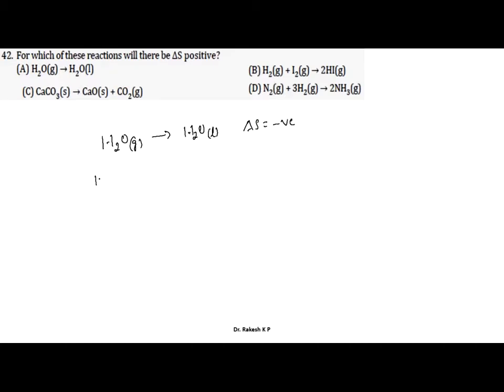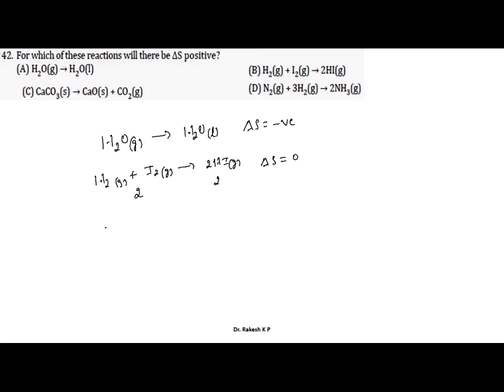See the second one here. This is H2, a gas, and I2, also a gas, which gives 2HI, also a gas. The number of gaseous molecules is 2 here and also 2 there, so we can't identify any change, hence delta S is equal to 0.